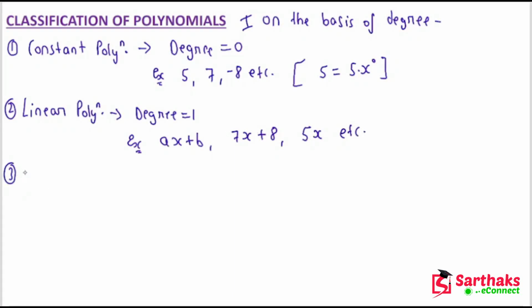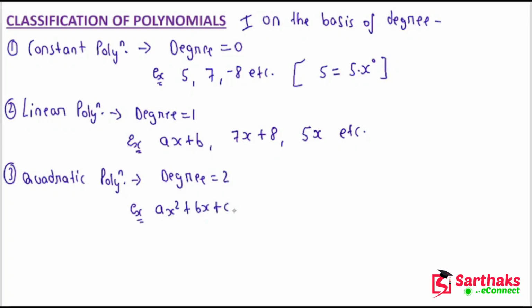Then we have quadratic polynomials. Clearly here the degree of the polynomial is equal to 2, right? The general form of a quadratic polynomial is ax square plus bx plus c. Now what do we mean by the general form?